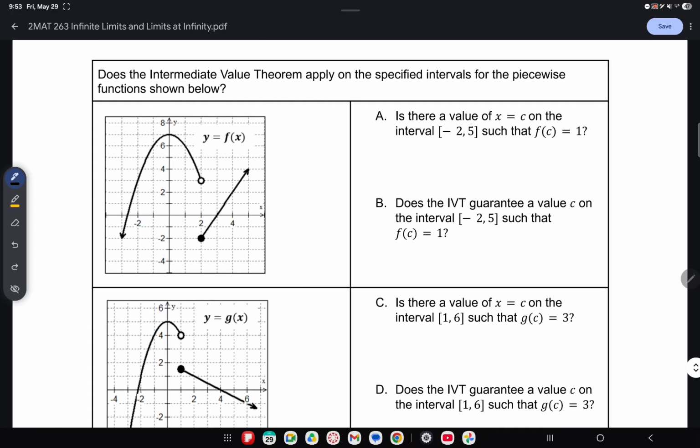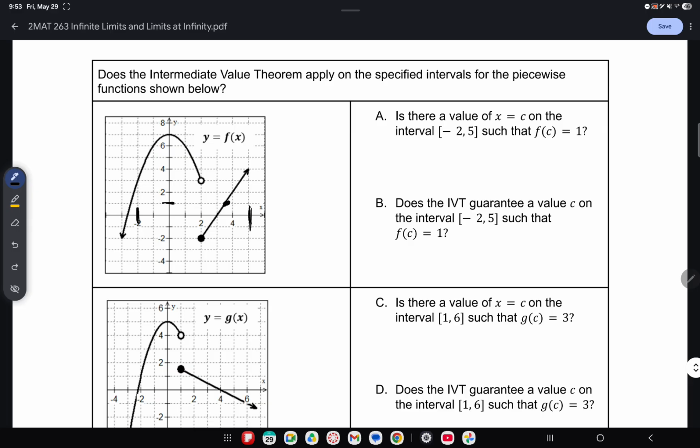All right, so let's look at some. Does the intermediate value theorem apply on these specific intervals of these piecewise functions? Is there a value x equals c on the interval -2 to 5 such that f of c is 1? So let's see. Here's 1.